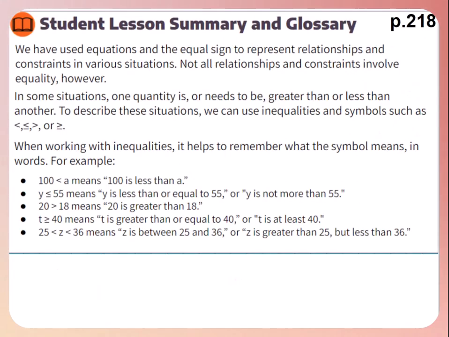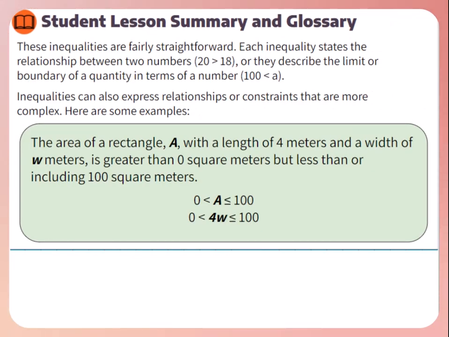Starting on page 218, go through your summary and glossary, look at the examples, and make sure you understand what we've covered, because we go through this pretty quickly, but you always have your glossary and summary to go over on your own. Make sure that you know what these symbols are and you'll be fine on your test: greater than, less than, greater than or equal to, less than or equal to.